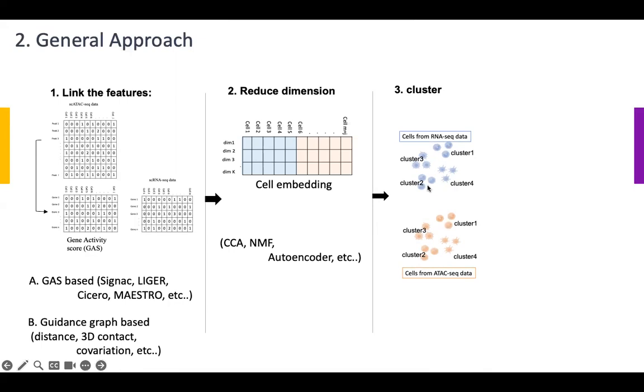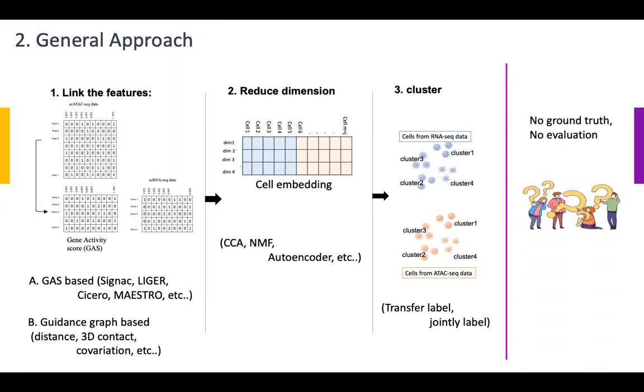In this step, we can also do label transfer, which means we first cluster the RNA and then transfer the label from RNA to the ATAC. And we can also do joint labeling, which means we jointly give the label for RNA and ATAC-seq data.